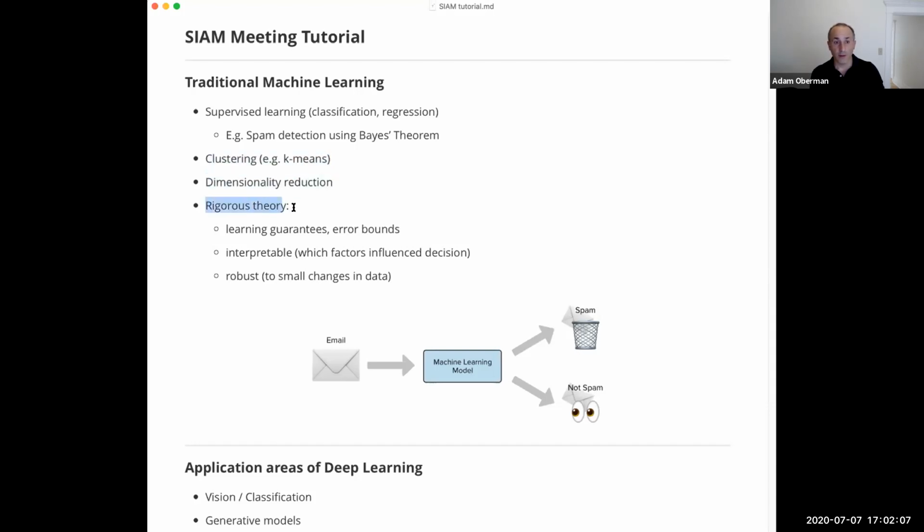What we have here is a very rigorous theory with error bounds and learning guarantees based on sample complexity. Sometimes the models are interpretable, which means you can understand which factors influence the decision. And the models are robust, meaning that we know how much they respond to small changes in the data. These are all good qualities that we want from models if we want to deploy them in areas where mistakes or errors could be costly.